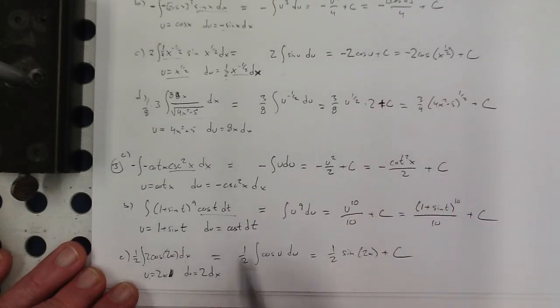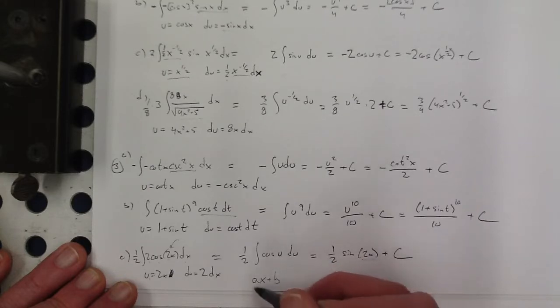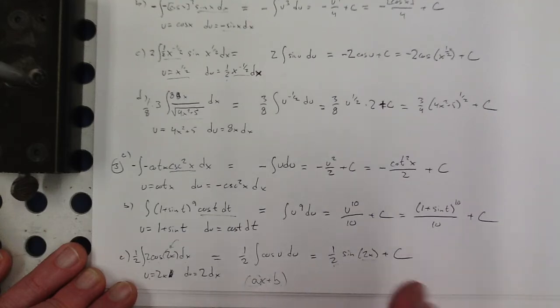If you're thinking about the chain rule, if the only thing going on with what's inside is a linear factor of x, which means it's of the form ax plus b, then all that's going to happen is instead of multiplying by the derivative of what's inside, you're just going to divide by the derivative of what's inside. Now, if there's other stuff going on with the x, then it's more complicated.